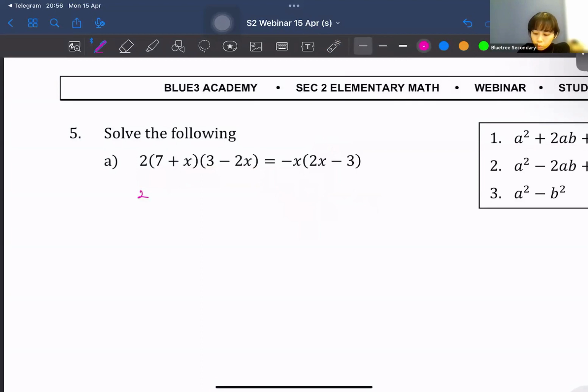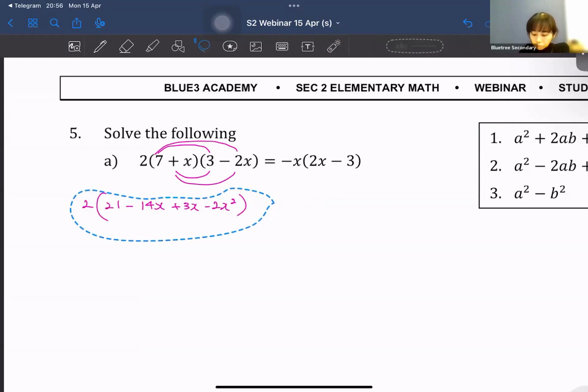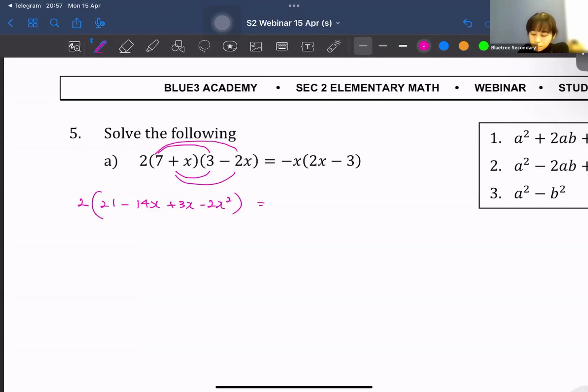So I'm going to do rainbow to expand out the left-hand side. The right-hand side essentially is the second expansion, also using rainbow.